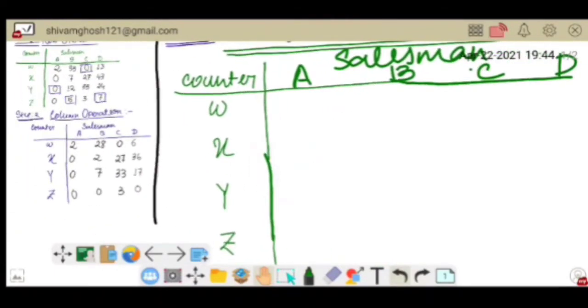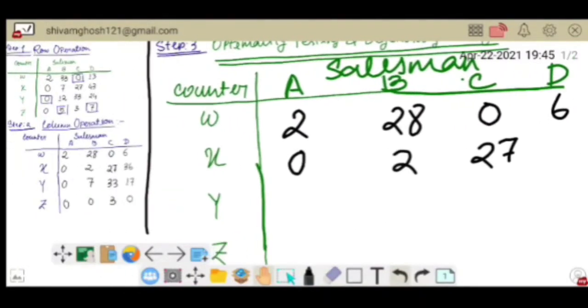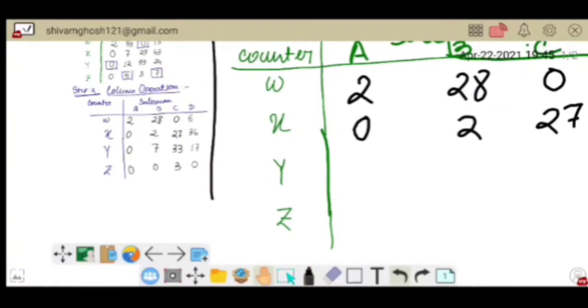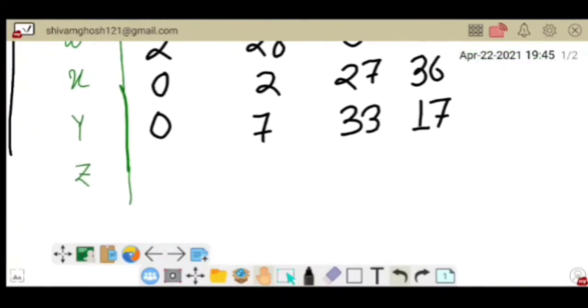That is 28, 22806, and the next one is 0 2 27 36, and then the next one is 0 7 33 17, and the next one is 0030.